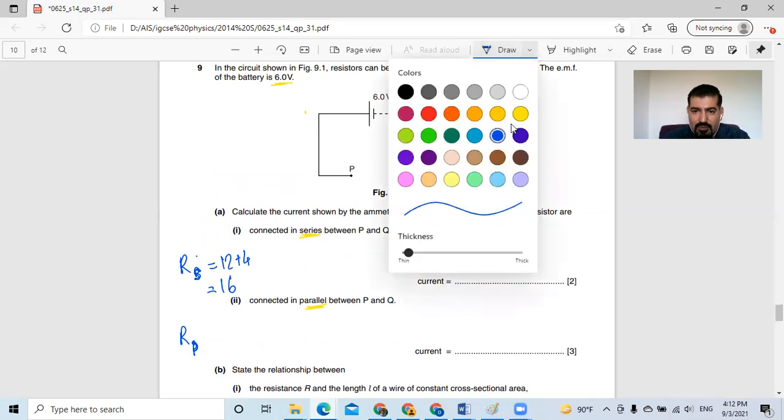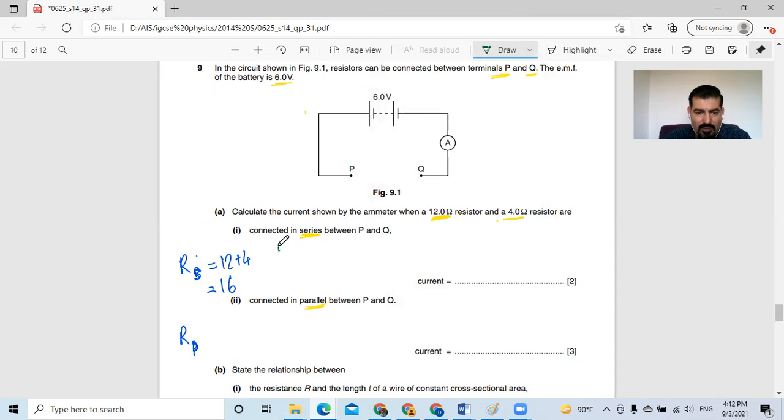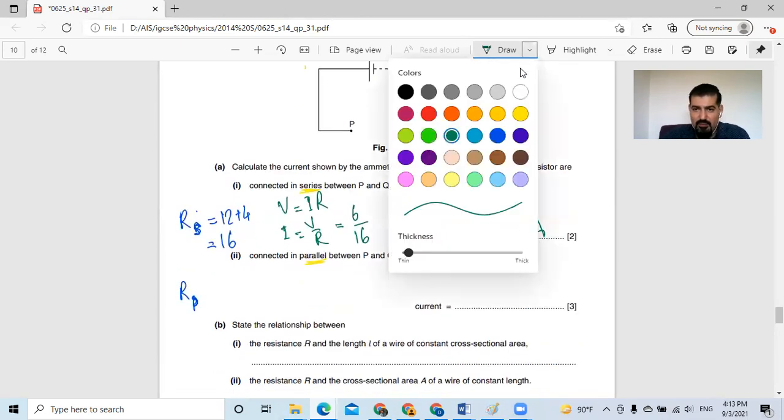So the second step, we know that V equals IR, so I equals V over R, the current in the whole circuit for the resistance in series, which is 6 divided by 16. Using the calculator, it is 0.375 ampere.